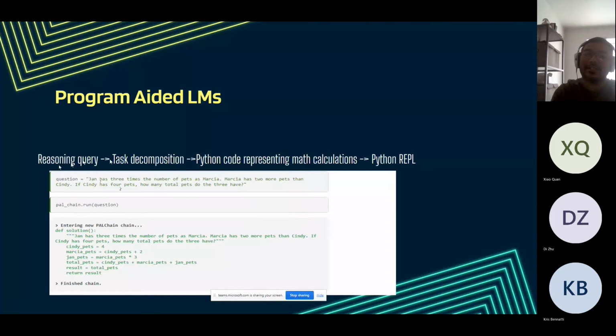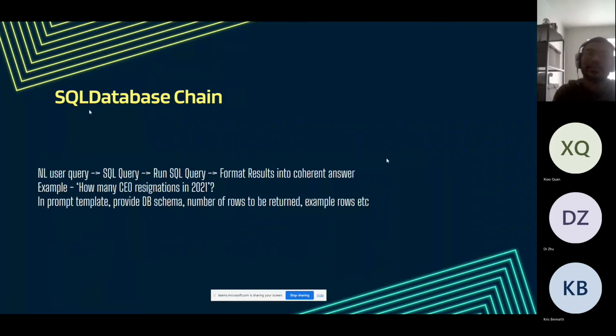The language model does the task decomposition using the templated prompts, and then you end up with some mathematical equations that need to be calculated. The Python code is then generated for doing the math, and then the Python does the math. So even if the LLM itself is probably going to fail at the math, you can just offload the math to the Python interpreter. And this is, again, exciting.